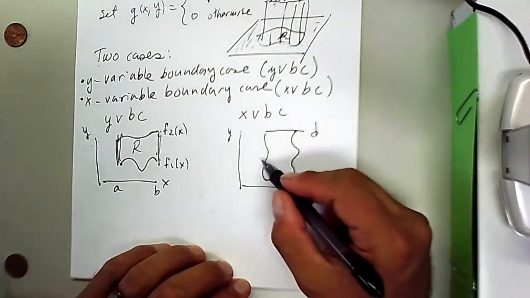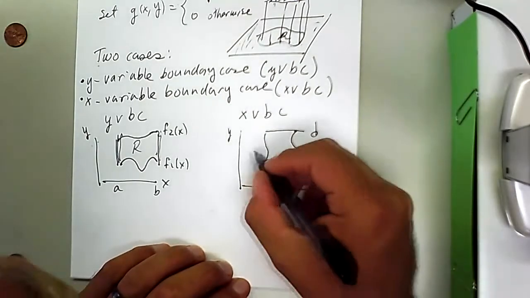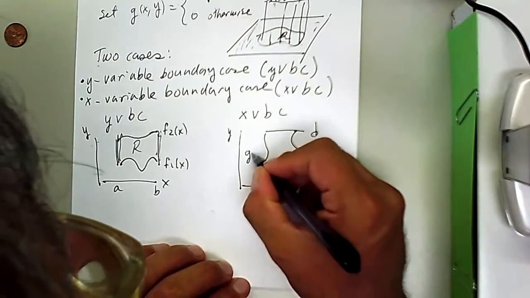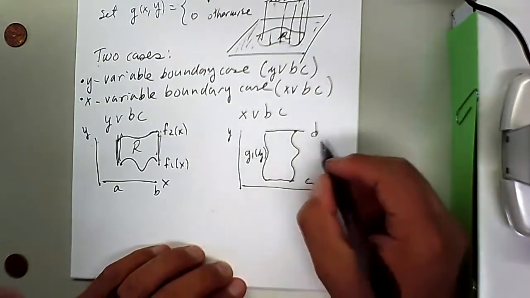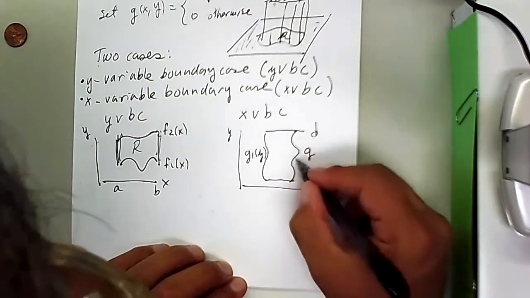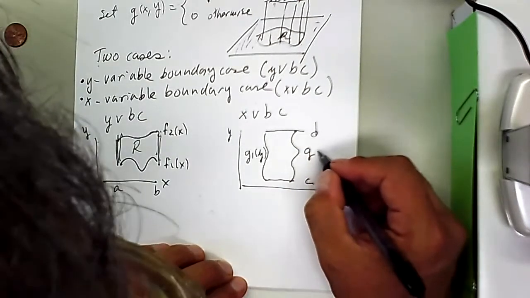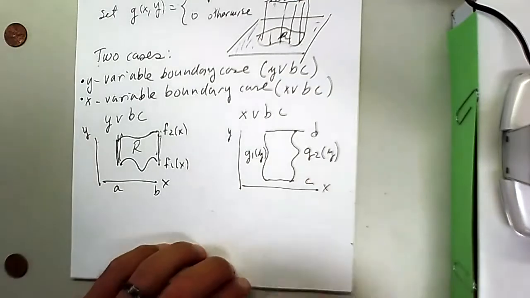So the left will be a function of Y. We will label this as G1 of Y, as opposed to some function of X. And the right boundary would be G2 of Y.